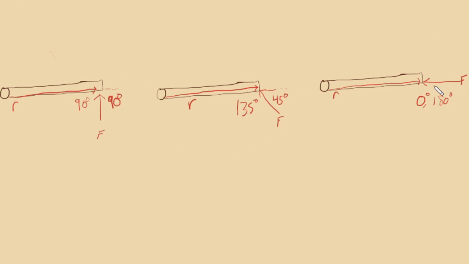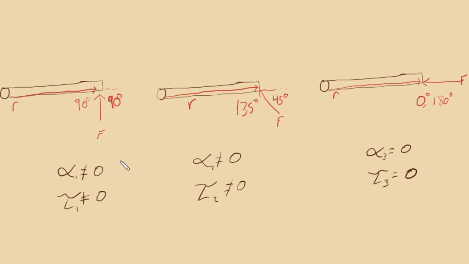Then we could also apply a force going 180 degrees, the opposite direction, anti-parallel to the radius, or we could apply a force pulling outwards at 0 degrees, parallel to the radius of the door. In this scenario, it should be obvious that the door is not going to move, right? If you're pushing the door into its hinges, you're not pushing in the direction you want the door to rotate, so we can assume that this door isn't going to move.